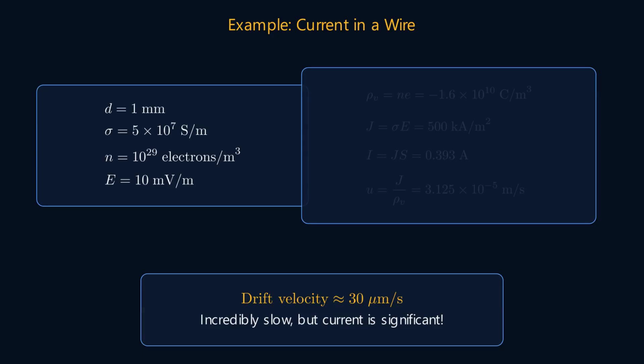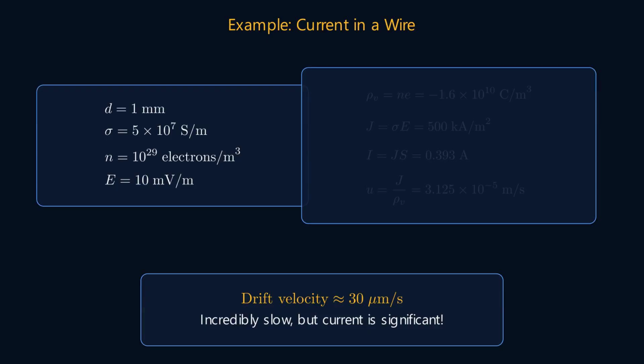The free charge density is ρ_V equals n times minus e, which is 10 to the 29 times minus 1.6 times 10 to the minus 19, giving minus 1.6 times 10 to the 10th coulombs per cubic meter. The current density is J equals sigma E equals 5 times 10 to the 7th times 10 to the minus 2, which is 500 kiloamperes per square meter. The current is I equals J times S. The cross-sectional area is pi d squared over 4 equals pi over 4 times 10 to the minus 6.